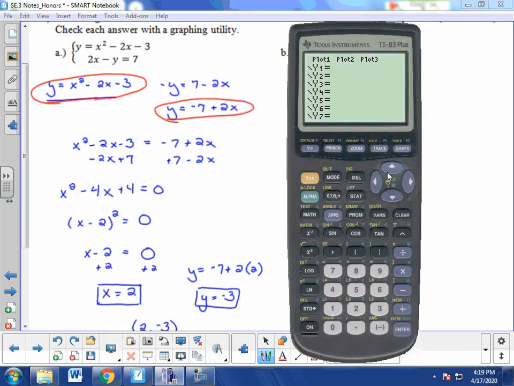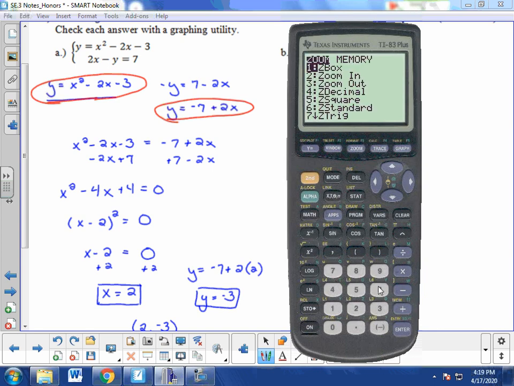A solution is a coordinate pair, so though I had a value for x and a value for y, that gives us one solution because that value for x goes with that value for y. I'm going to type in the two expressions, y equals x squared minus 2x minus 3, and y equals negative 7 plus 2x. If you wrote that in a different order, that's fine.